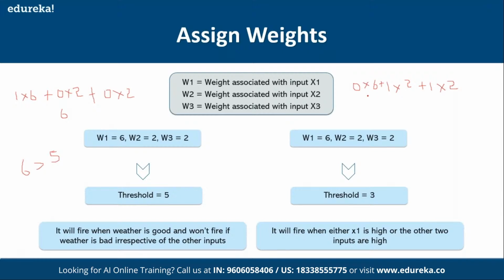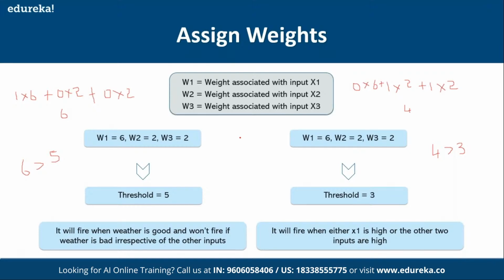So 0 into 6 is 0, 1 into 2 is 2, plus 1 into 2 is 2, which is 4, while our threshold value was 3. So 4 is greater than 3, therefore you will go to the beer party. If this was the scenario and your threshold was 5, 4 is less than 5, which means you are not going to the beer party. So the transfer function gets fired based on this condition.